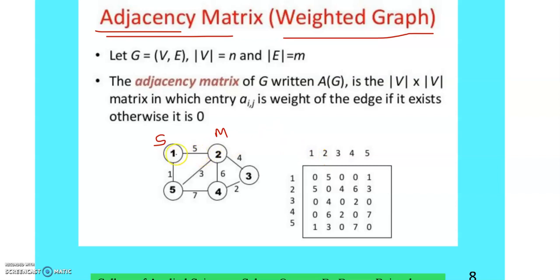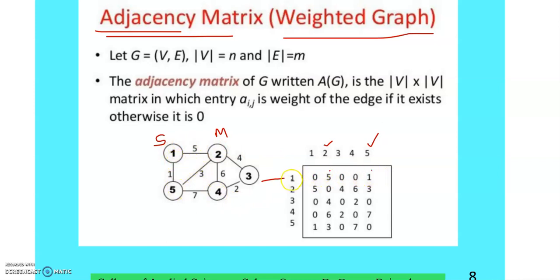Okay. Now, as we have seen in the previous video, this vertex is adjacent with how many vertices? 1, 2. Vertex 1 is adjacent with vertex 2 and vertex 5. That's why I put 5 and 1, because 1 2 is 5, 1 5 is 1.